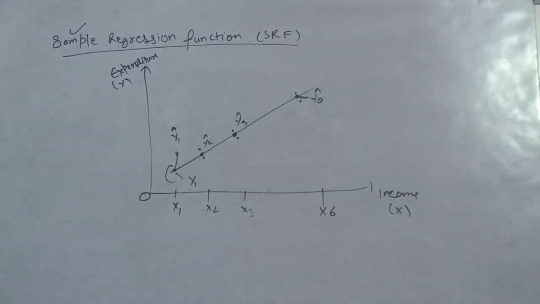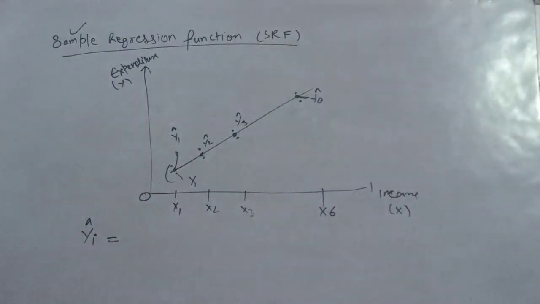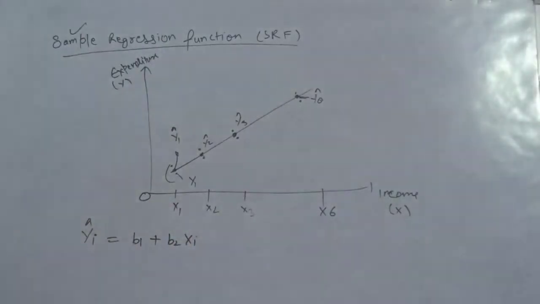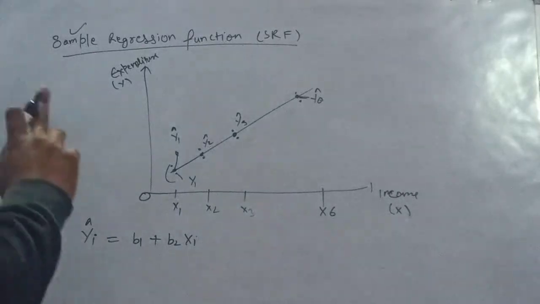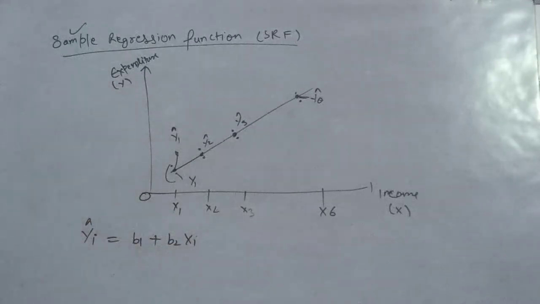Now Yi hat will be b1 plus b2 Xi. Sorry, I pronounced it beta 1 and beta 2, but it is b1 and b2. So what are b1 and b2 here? b1 and b2 are the estimators of beta 1 and beta 2.